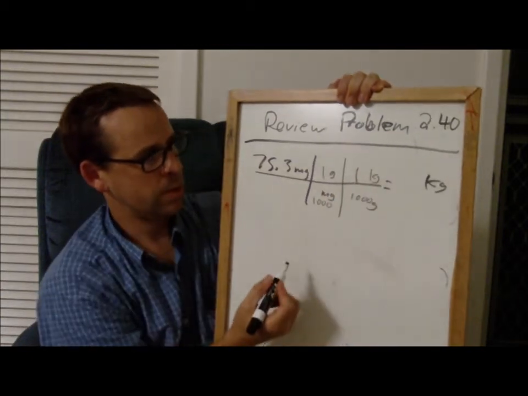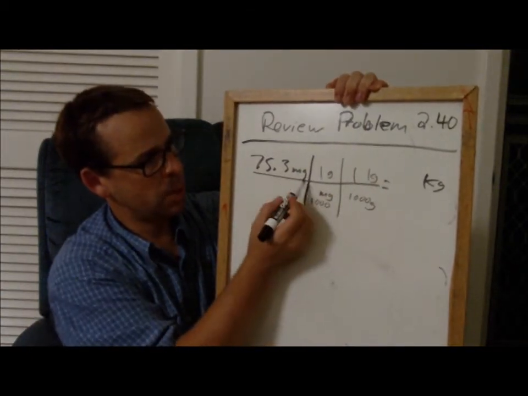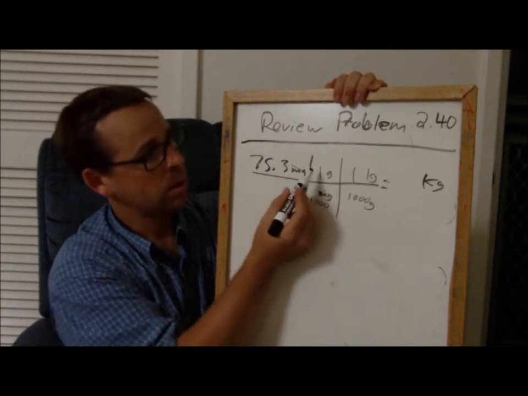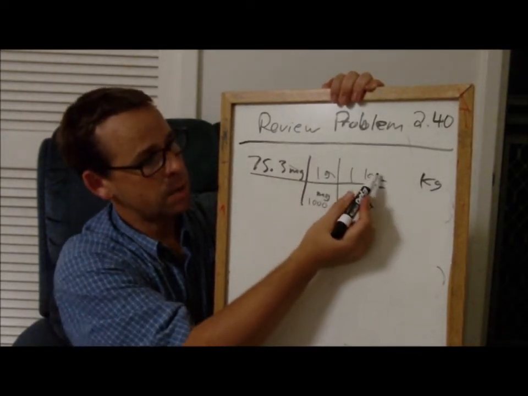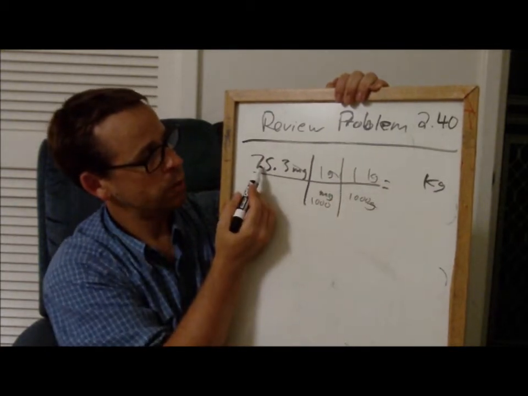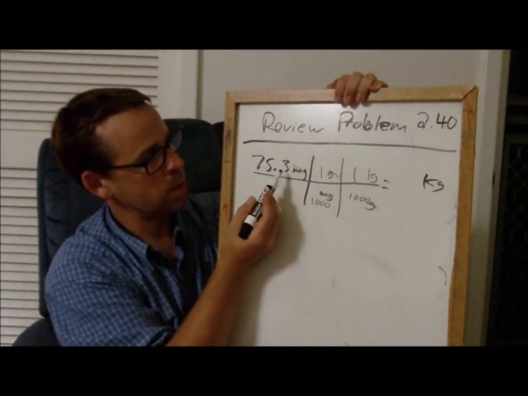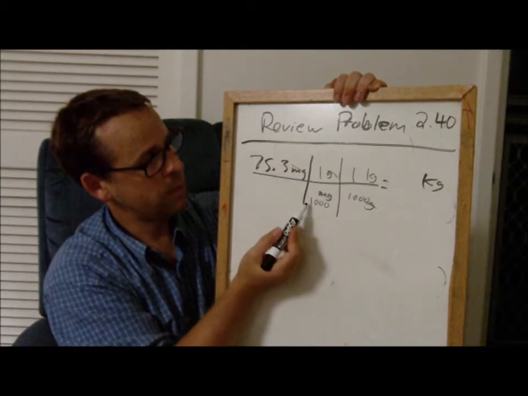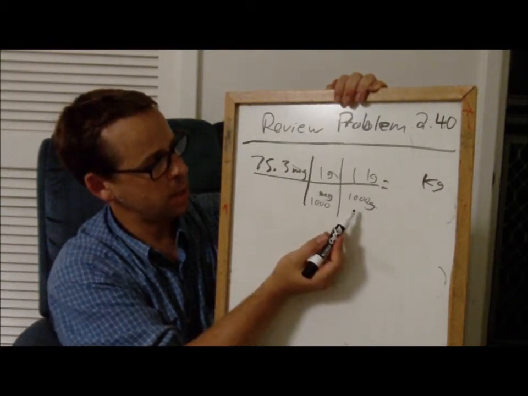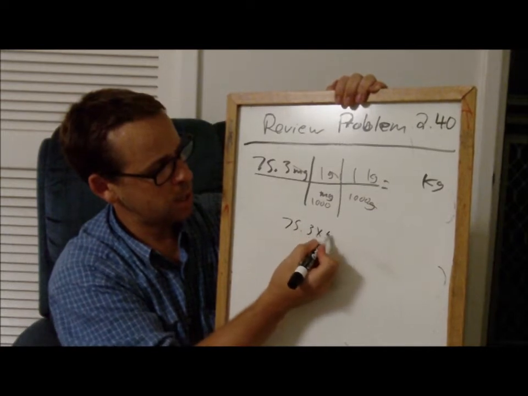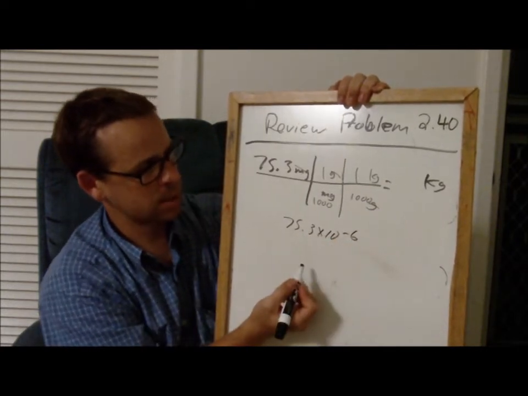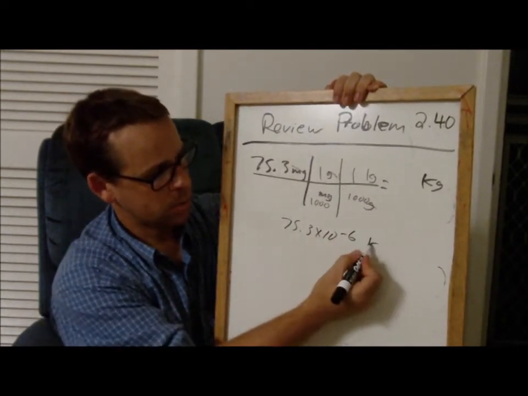All right? We put milligrams on the bottom. That cancels milligrams out there, and we're in grams. We put grams on the bottom over here. That cancels out grams, and so we're left in kilograms. So if we had 75.3 milligrams, we take that value, divide it by 1,000, divide it by 1,000 again. So that's going to be 75.3 times 10 to the minus 6 kilograms.